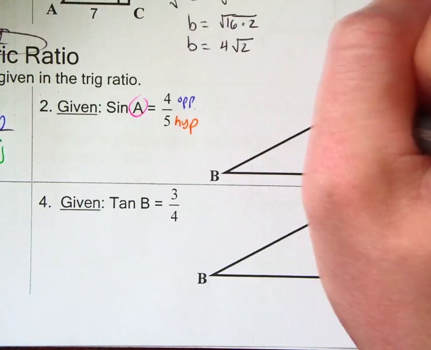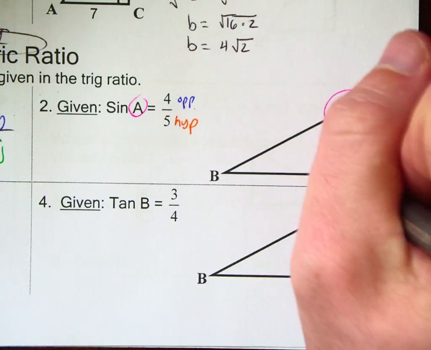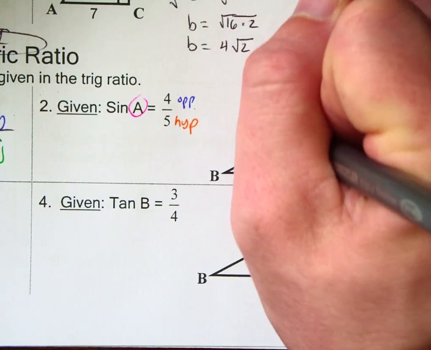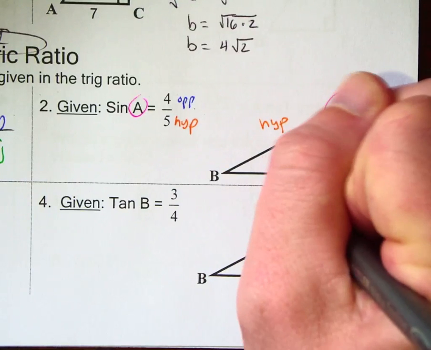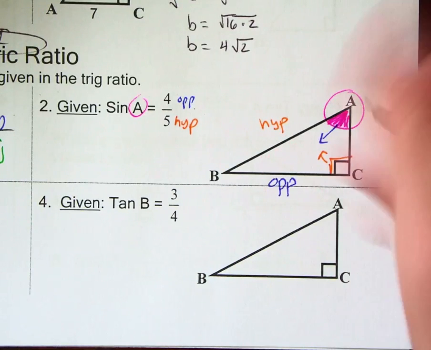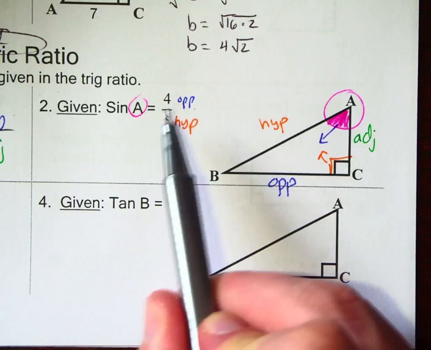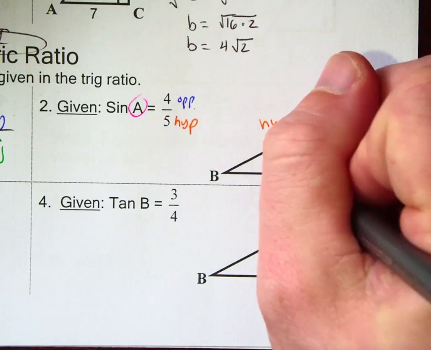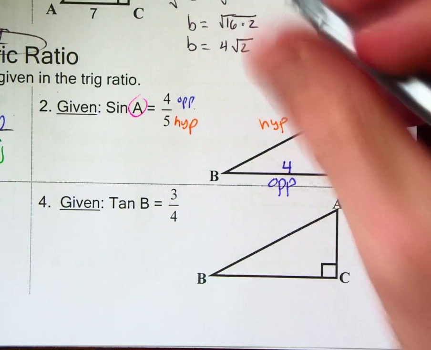Remember our reference angle and mark everything up. Takes 20 seconds, but it makes a difference. Okay, so now, where's the opposite? The opposite from what? From A. That is 4. The hypotenuse is going to be 5.